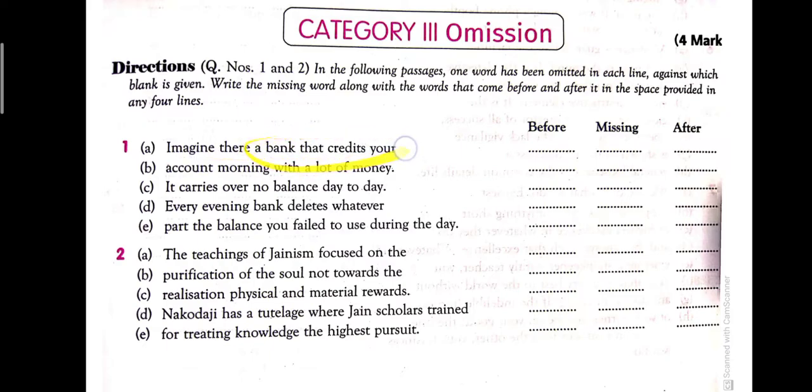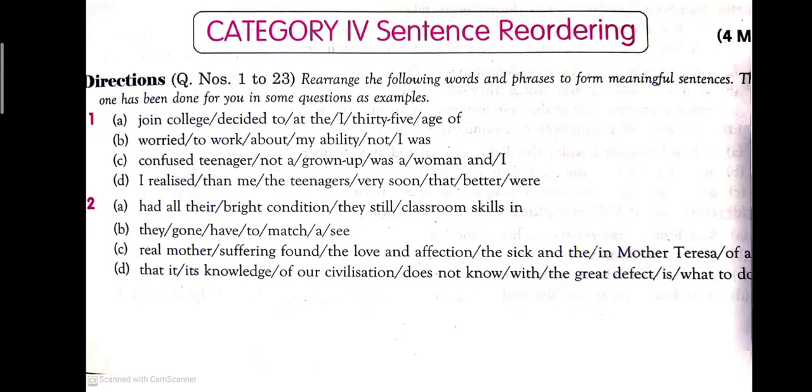So, 'there a bank', it seems some word is missing, right? If you read twice, you'll get which word is missing, and you can write it. Simply write the before word, the after word, and make sure you are writing the exact word. Here the missing word is 'is', and the previous word is 'there', and the after word is 'a'. So write that correctly, don't write something else. Okay, this is all about omission.